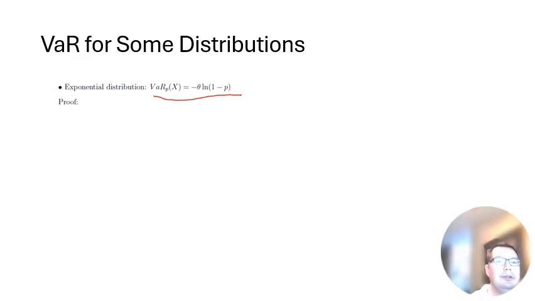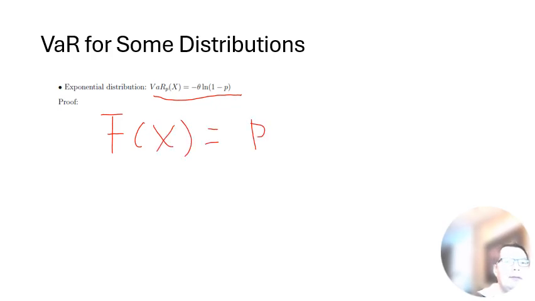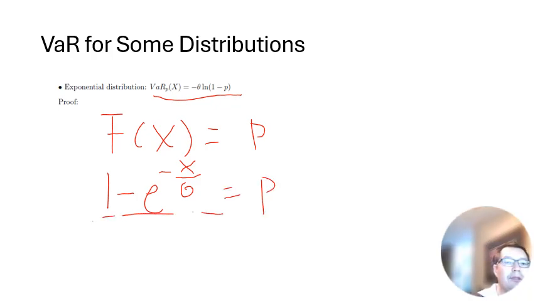From the previous slide, we know the process is first we equate the CDF, or F_X, to be p, then we derive the value of x. For exponential, we know F_X is equal to this, so this is p. This part you can find in the table.